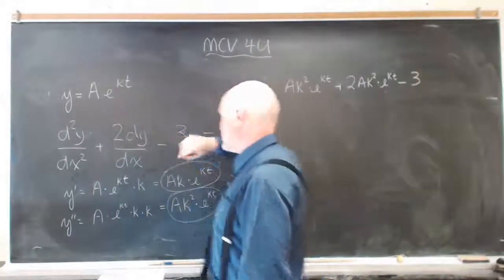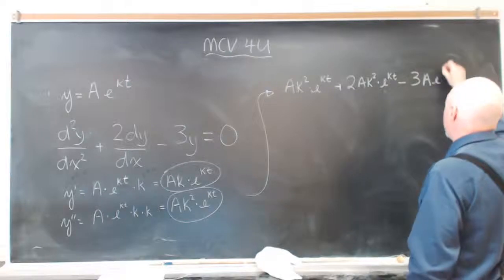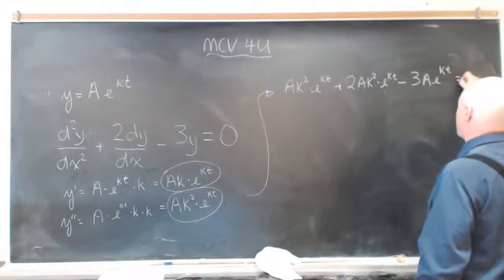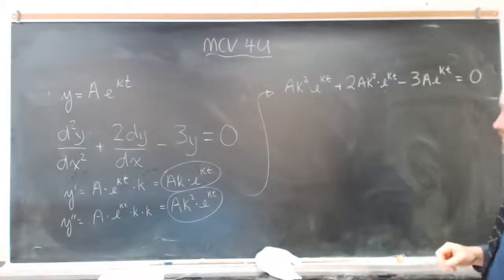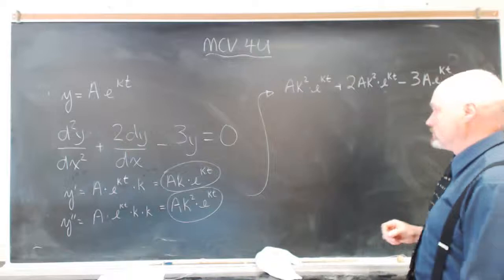But y is just A times e to the kt, is equal to 0. It's a thing of beauty so far, kind of.